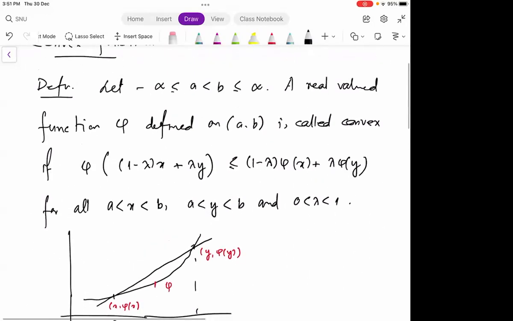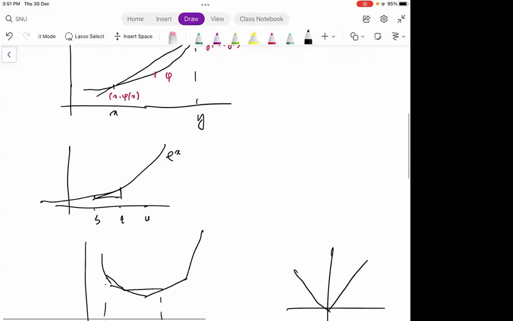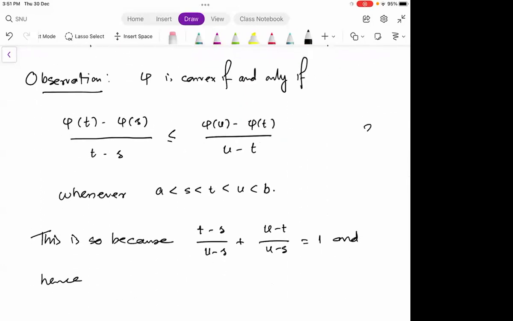Let me number certain equations. I'll call this 1 and I'll call this 2.